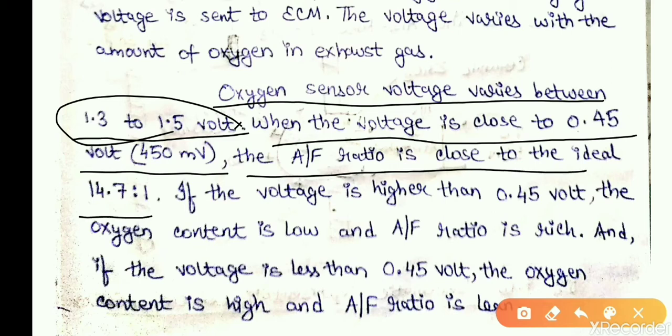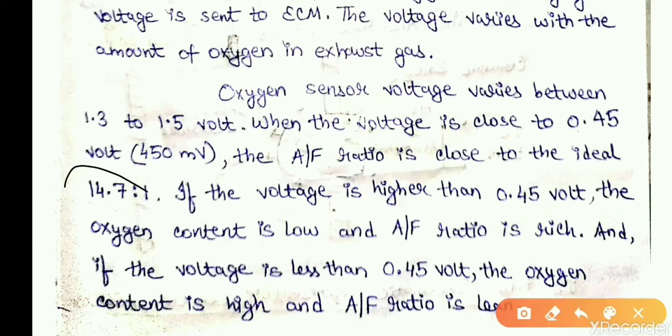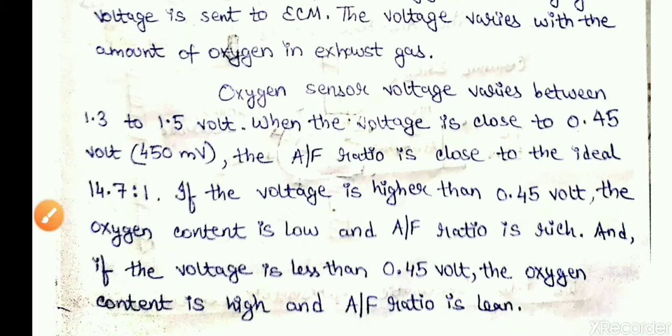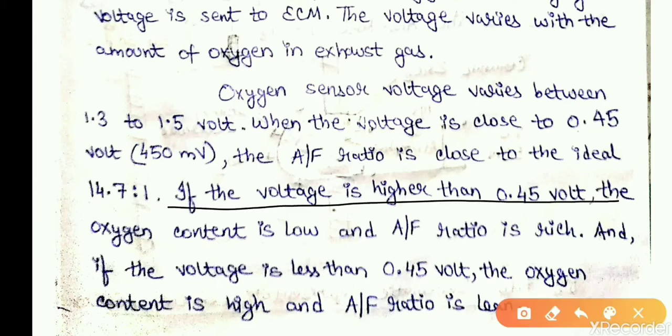That means this is the ideal air fuel mixture. Okay, so when the voltage is 0.45 volt, the air fuel ratio will be 14.7:1.